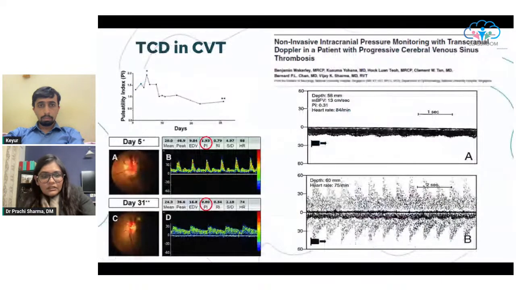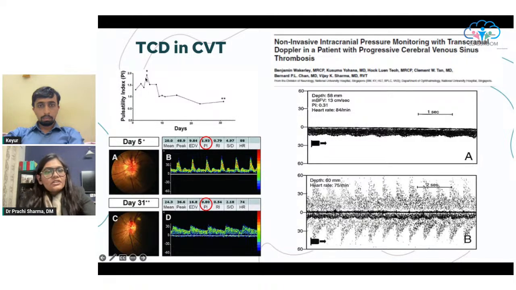If we look at the available literature for the various monitors that have been used, this was a case which utilized TCD in CVT by Weckerly et al. They assessed the pulsatility index using TCD in these cases, and they found that as the patient's neurological condition deteriorated, the PI increased.